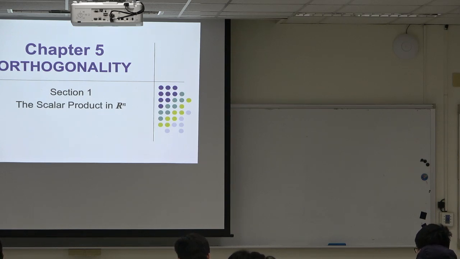What we care about the most in this chapter is no longer something abstract. We are considering things that are more concrete, such as Rn space.